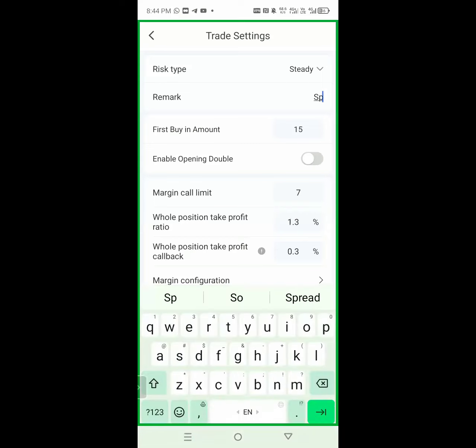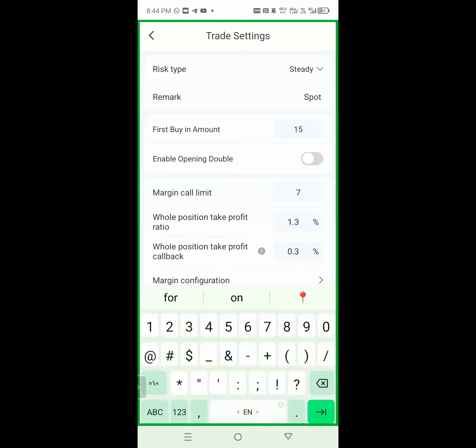So you can say spot $100. So you know that when you want to start a trade, you are coming for spot. If it is a spot signal, spot $100. So let's say, for instance, the first buy, we are starting with $15. We want the robot to use $15 to start the trade out of our $100.